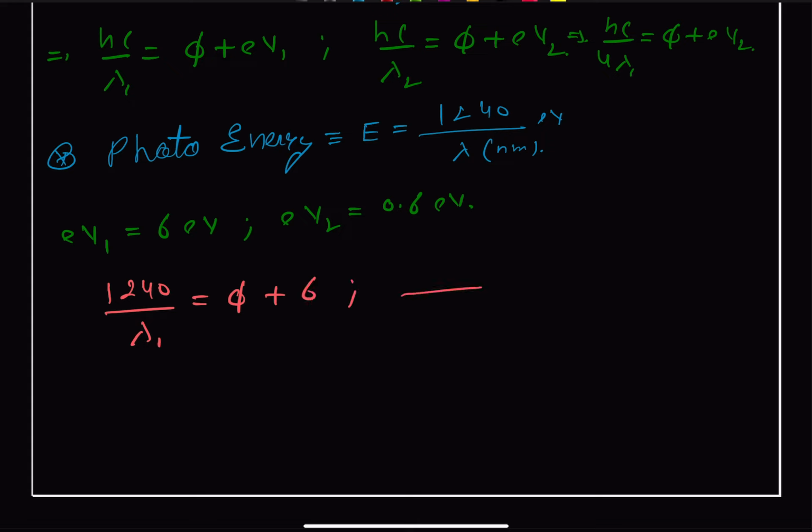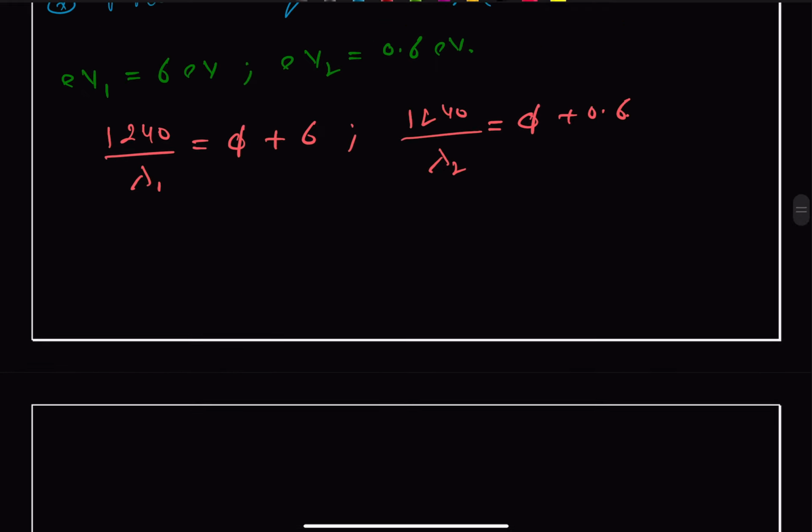The second becomes 1240 upon lambda 2 is equal to phi plus 0.6, and we subtract these two equations. So 1240, sorry, here it is 4 times lambda 1.